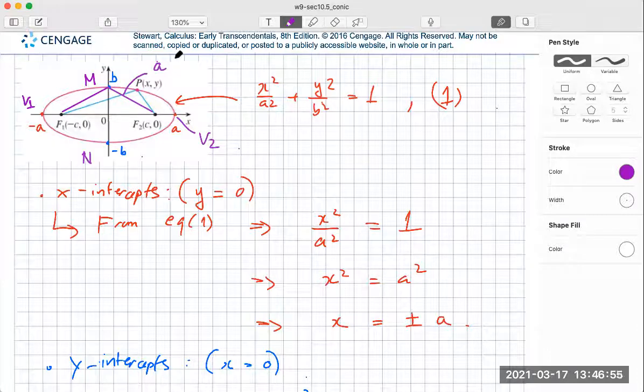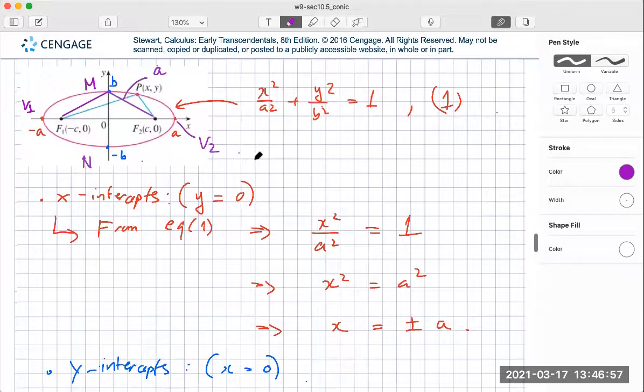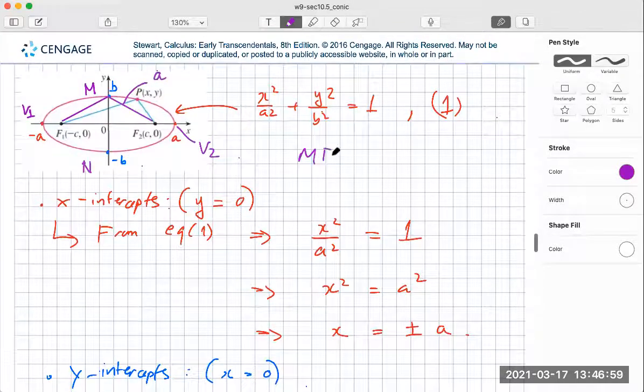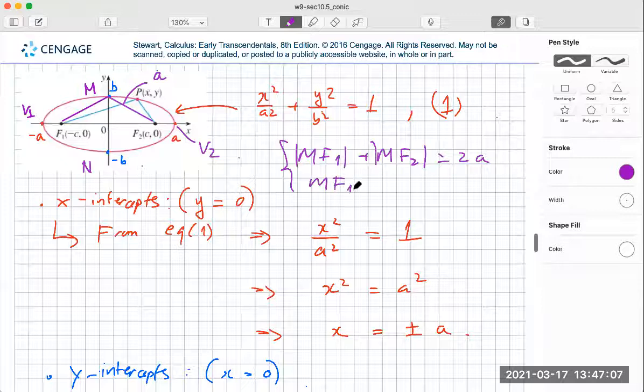You see it? So MF1 plus MF2 is 2a, and MF1 is equal to MF2, therefore each is equal to a.